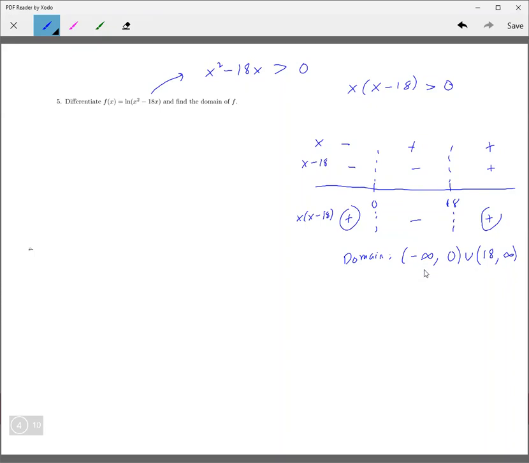Now, you can make it do the infinity symbol by just typing infinity, and this is in WebAssign. And you can make it do the union symbol if you just type union. Or you can look at the menu. You can find the infinity symbol in the menu, and also union is under sets. Okay, so let's take the derivative.